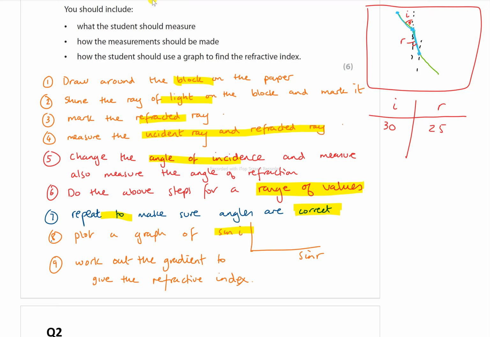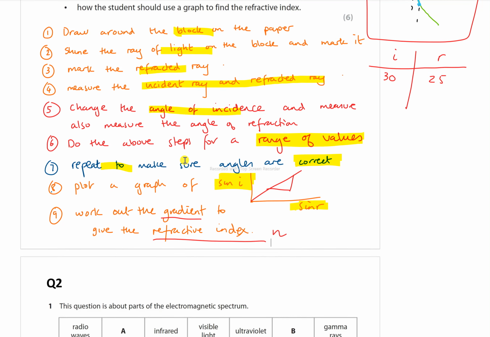You plot a graph of sine I over sine R. You plot that graph and then you end up with a gradient. And then you work out the gradient. That will give you the refractive index n. That's it. Just keep repeating that and it'll go into your brain.